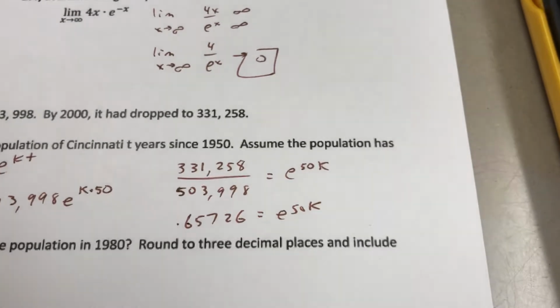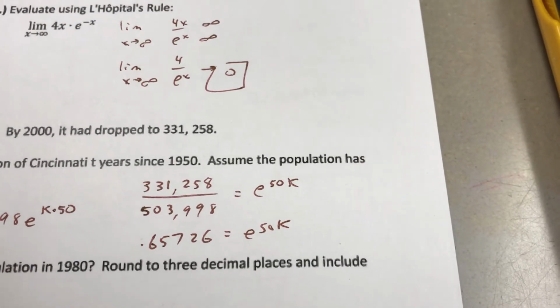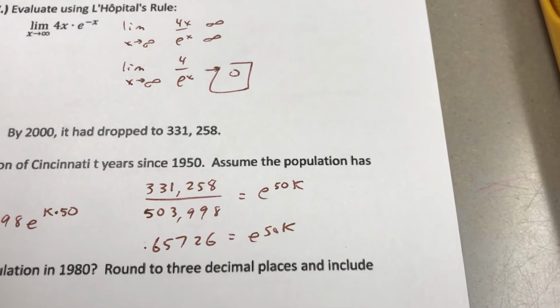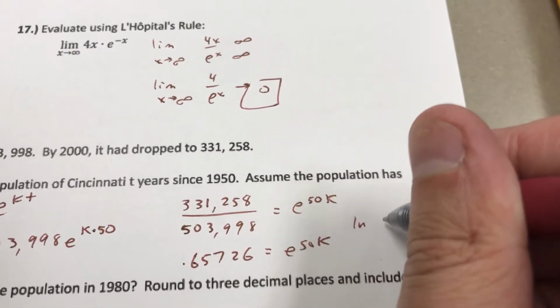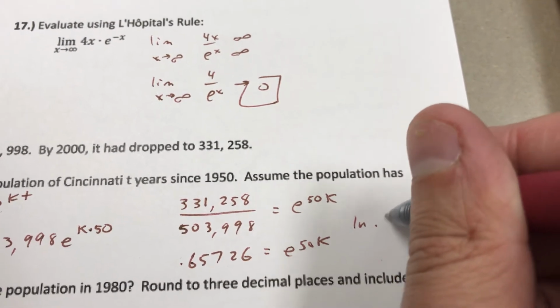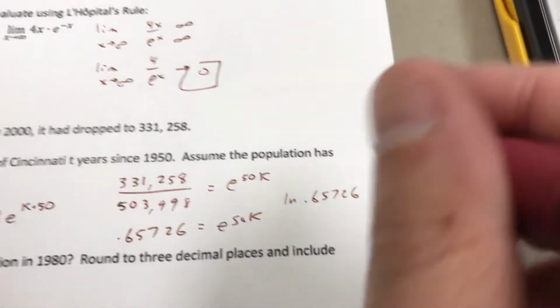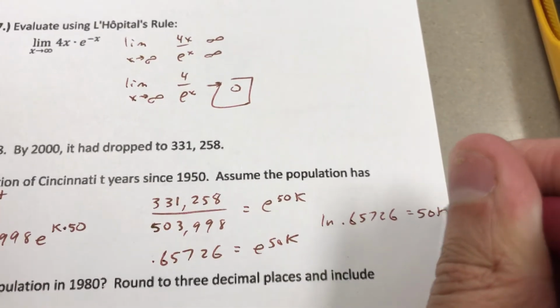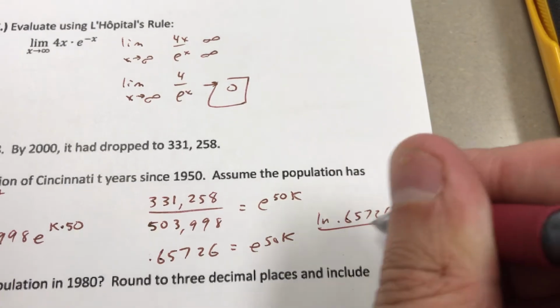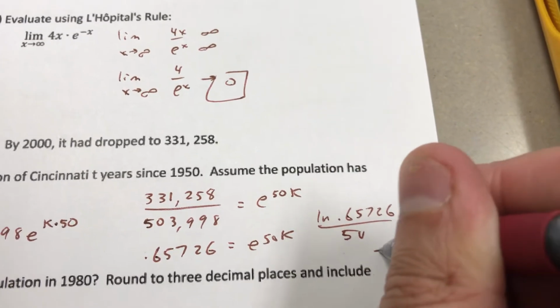Remember, you can do a natural log here. The log base e of 0.65726 equals 50k. So ln of 0.65726, and again, I'm keeping that whole thing in the calculator, is equal to 50k. I'll be dividing the natural log by 50 and getting k.